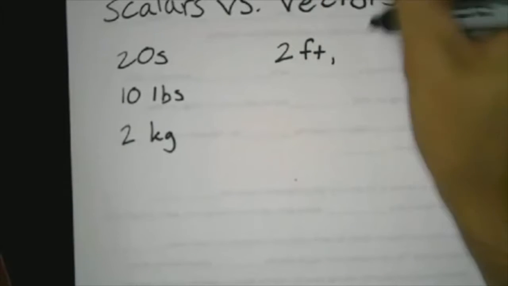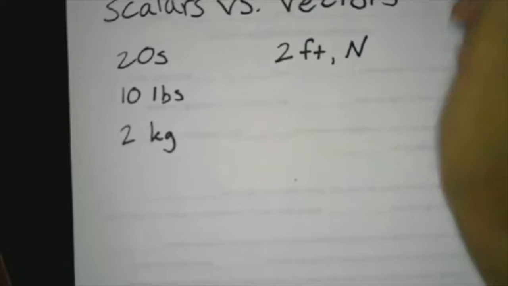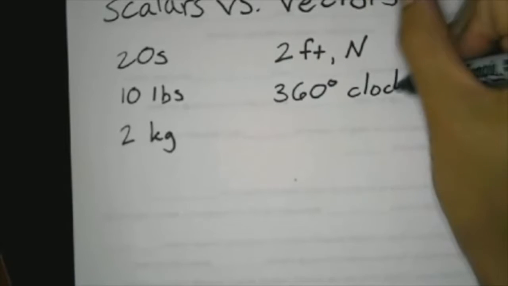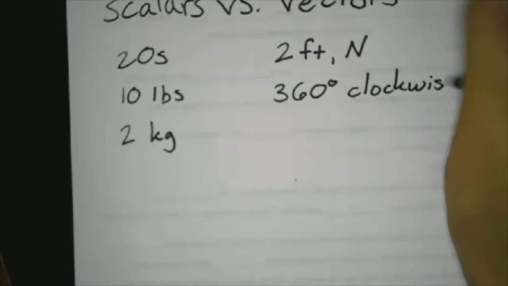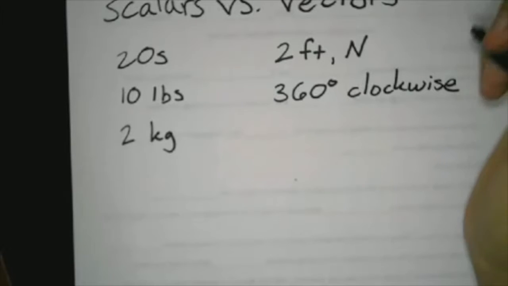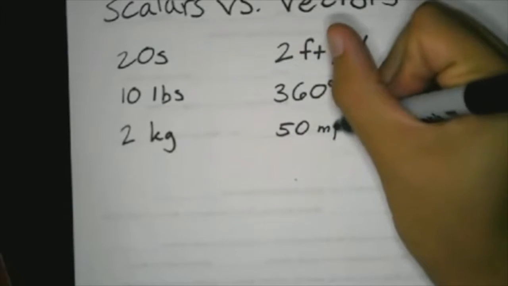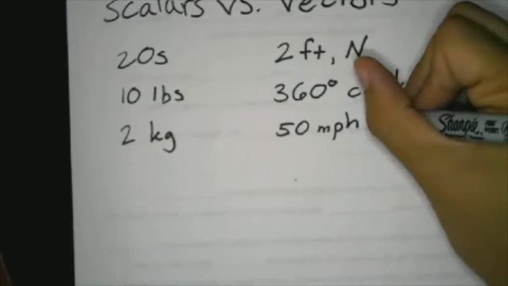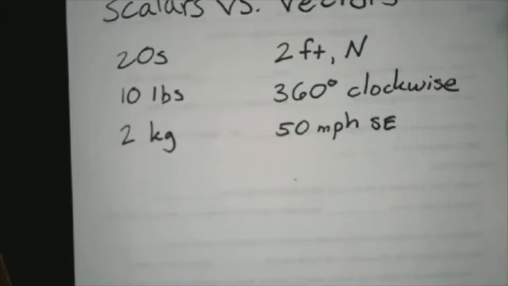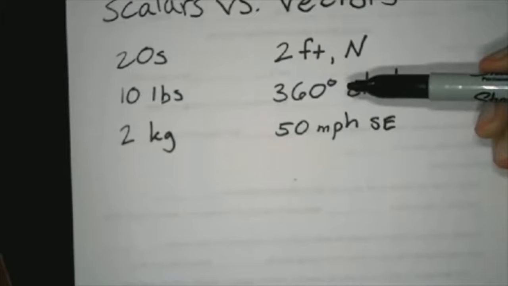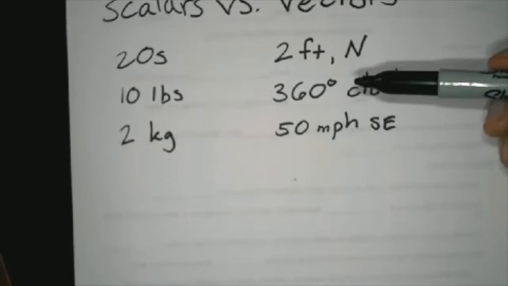So I'm going to have 2 feet north, or I'm going to have 360 degrees clockwise, or I'm going to have 50 miles per hour southeast. These are vector quantities. So it has both a size and a direction.